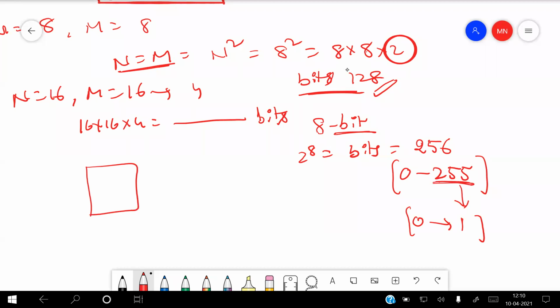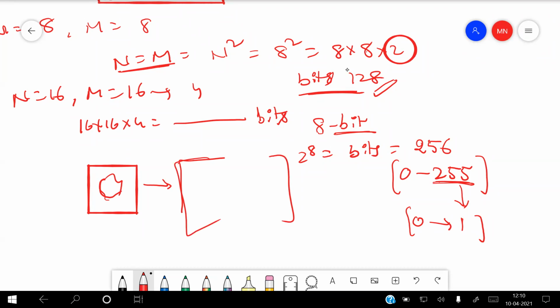If you have an image, for example, this is an object and we convert it into this function or matrix form. What is the value here? The minimum is 0. Almost all values are 0. But where are the intensity values?